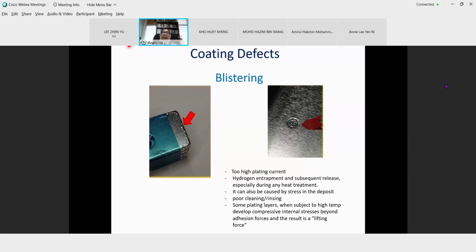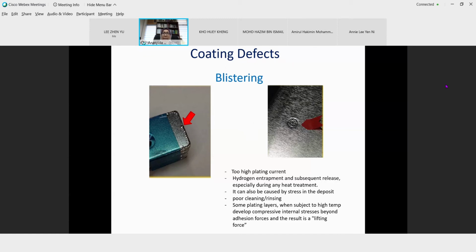We also introduced chromating and phosphating. Both are using this result current. It's not electrochemical, it's just a chemical reaction. And we also introduced anodizing, and also PVD, CVD, and the last one is thermal spray.